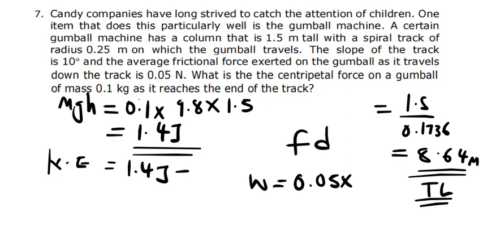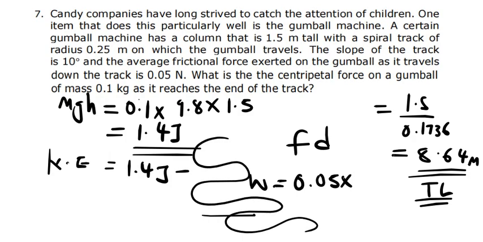Now the distance that we are going to write here is when it reaches the ground, because that's where the kinetic energy is going to be found, and that distance we're talking about is what? The track length that we just found initially, as it was moving all that track.